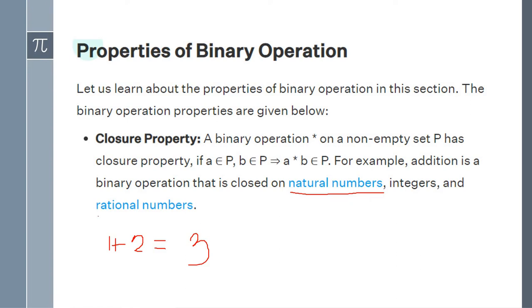So kung mag-rational number ta, so may rational number na to. 2.5 plus 3/4. That's equal to tunga sa kilo og 3/4. That's 1 and 1/4.